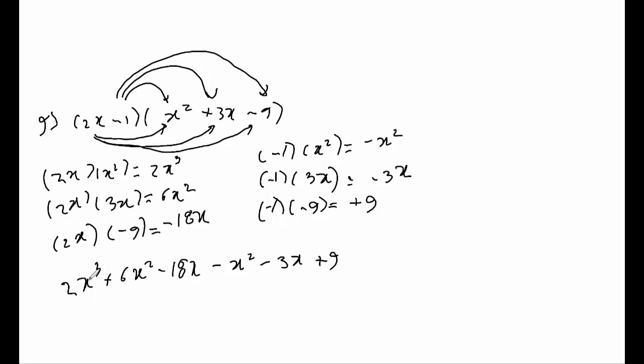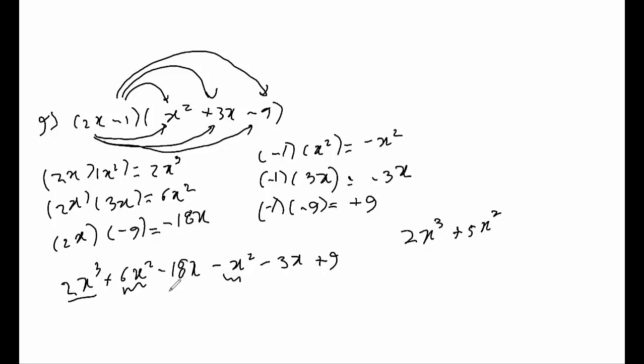Well, I only have 1x cubed, so I'll put that here, 2x cubed. And then let's look at the x squared. So I have a 6x squared and a negative x squared, and that gives me positive 5x squared.